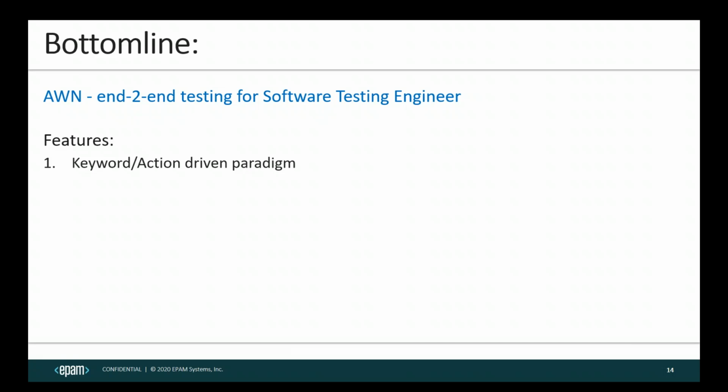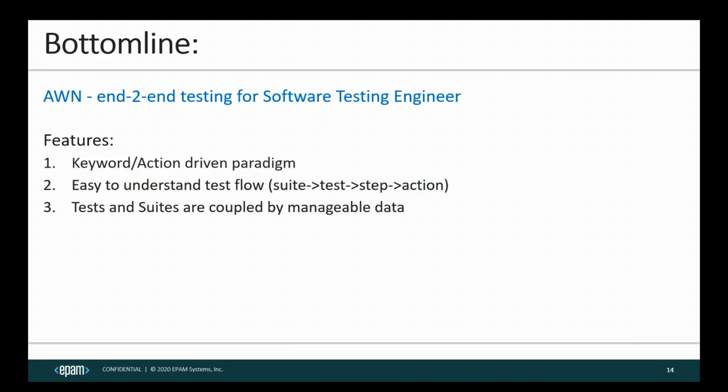But with plugins, you can expand them quickly, fitting your project needs. Test flow is simple to manage. A suite contains tests, tests contain steps, steps contain actions. Suite and test can contain shared real-time data, which means data not existing before the test. And this data can be used by any test within the suite if you need so.